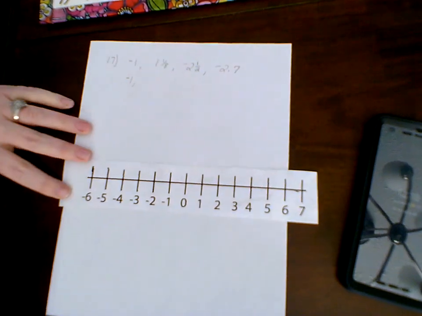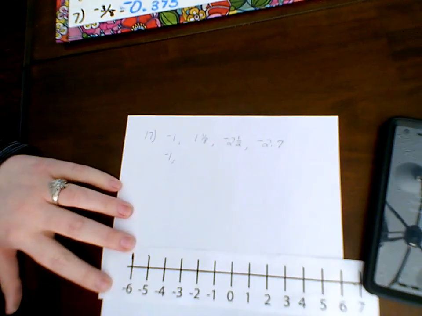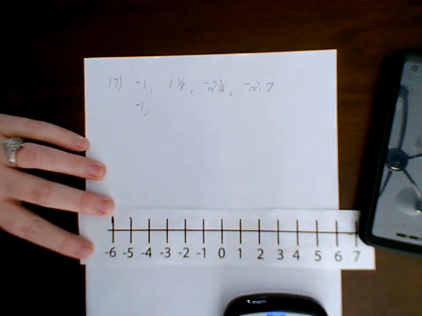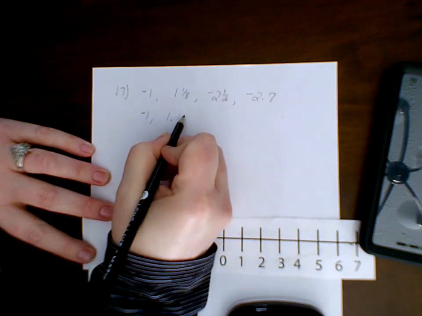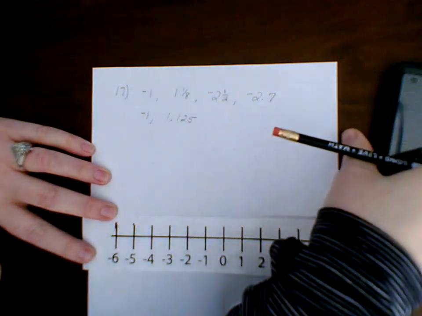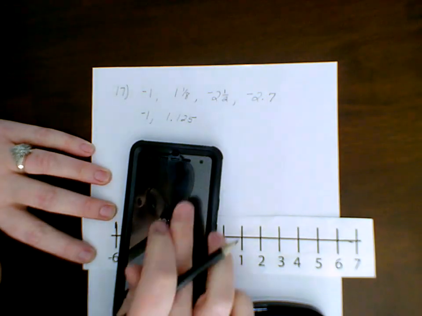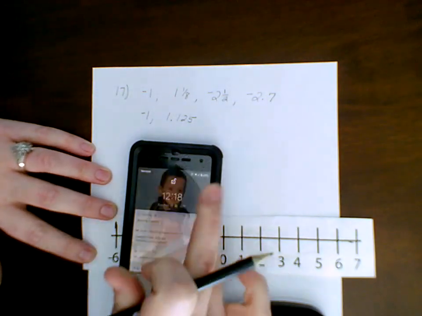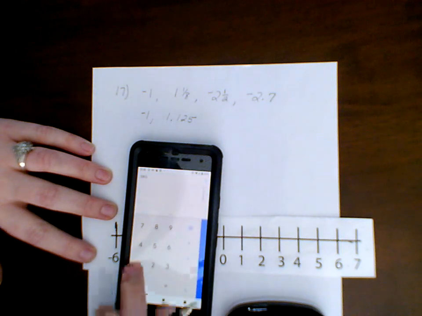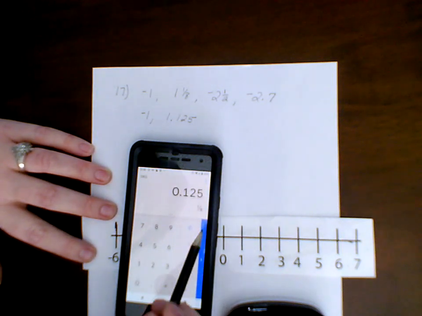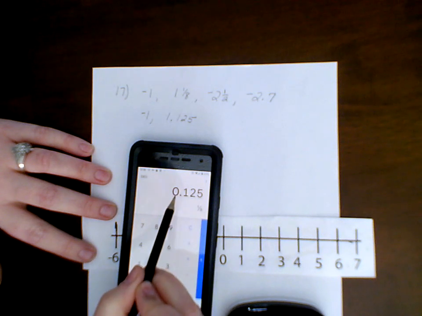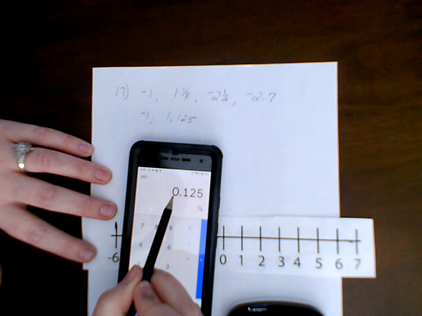So I'm going to move this here so you can see a little bit better. So 1.125. Now, if you didn't remember that, you could always type in your calculator 1 divided by 8, and then you just have to remember to go in and put the whole number in place of the 0.